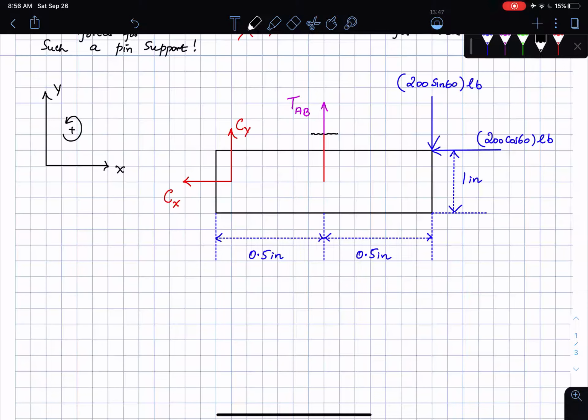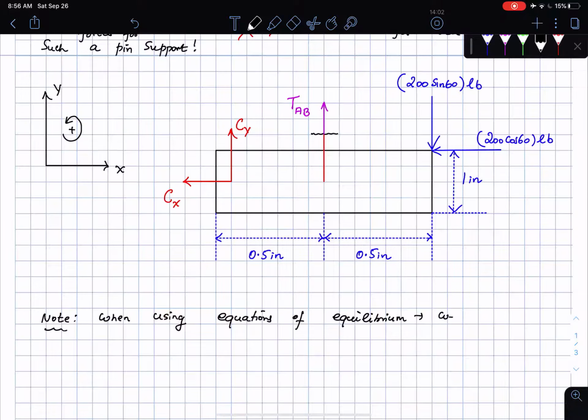So note, when using equations of equilibrium, we need not follow any particular order.